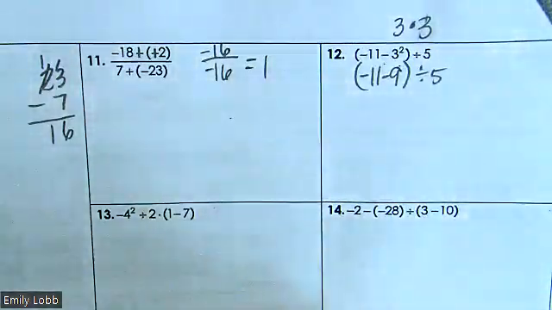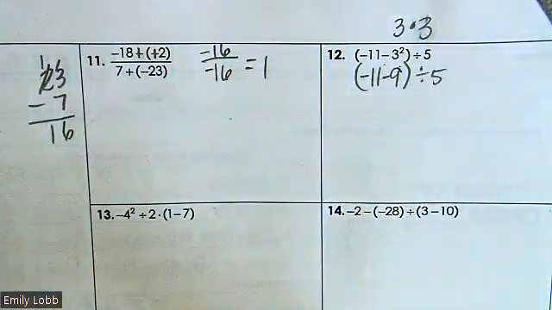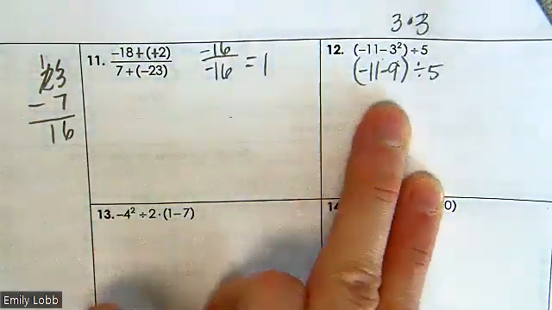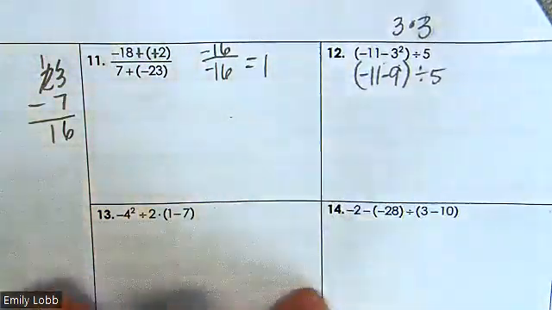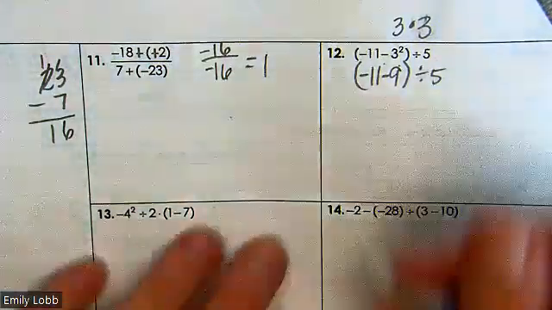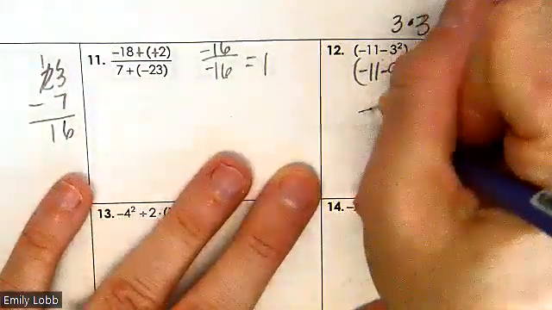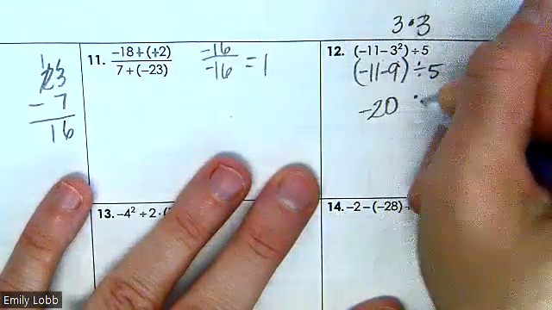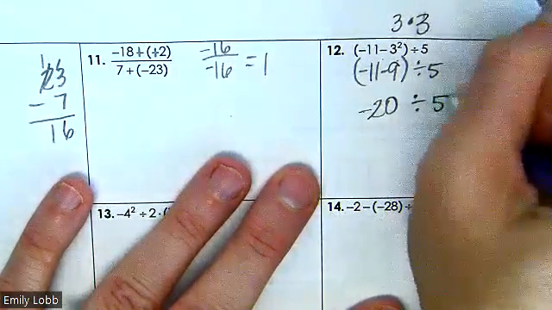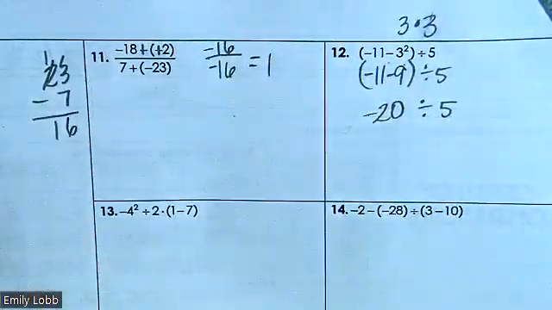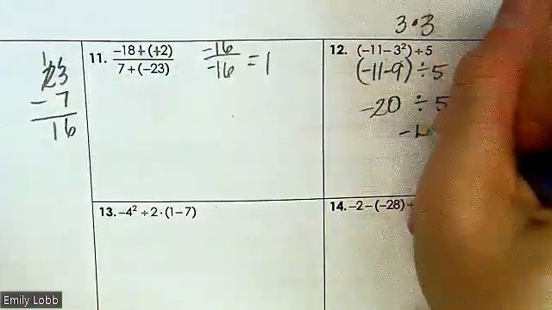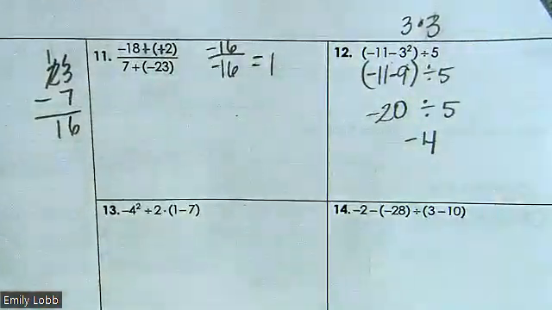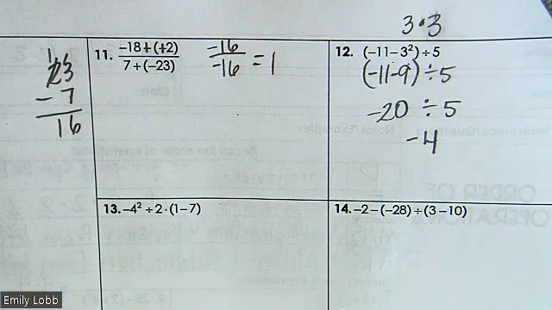Guys, too much chatter right now. Negative 9. I'm sorry, negative 11 minus 9. It's getting more negative. Negative 20 divided by 5. Negative 4. That wasn't so bad.